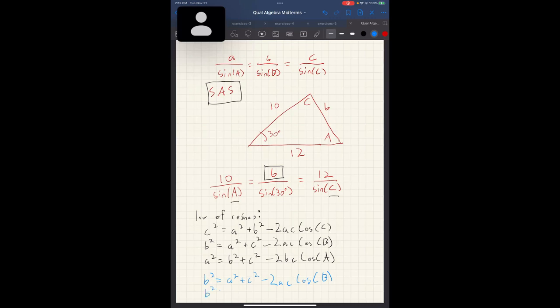So B squared is equal to 10 squared plus 12 squared minus 2 times 10 times 12 times cosine of 30 degrees. Where now everything on the right-hand side of the equation is something that I know. In fact, let's clear up this space so we can simplify this and figure this out.